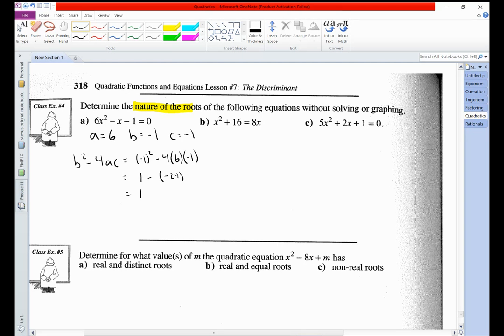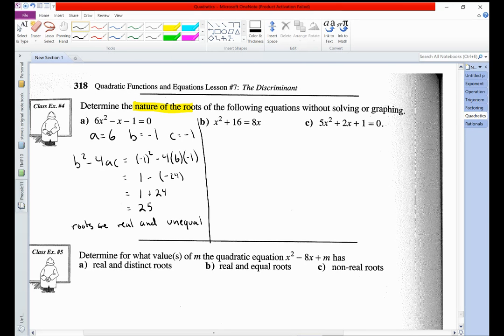When we subtract a negative, it's like adding. So our discriminant is positive 25, which means our roots are real and unequal. We're going to have two distinct roots.